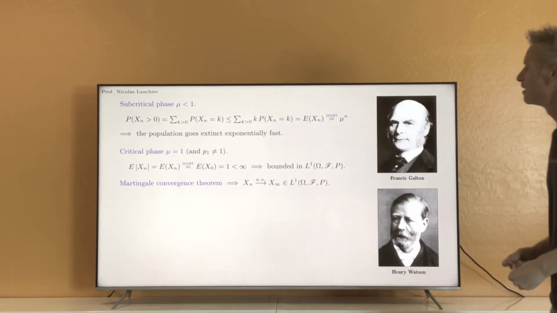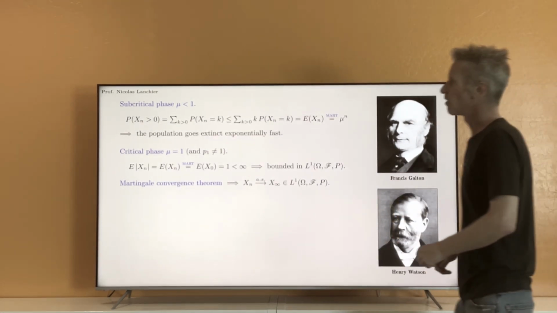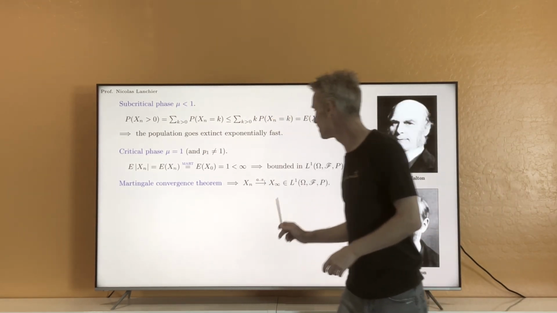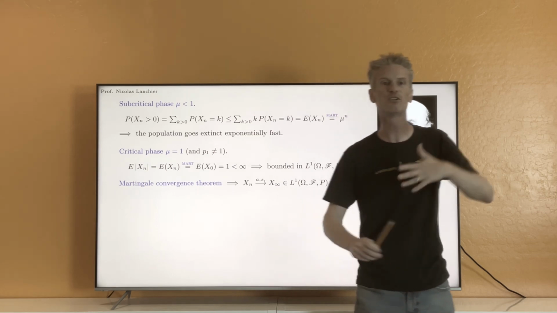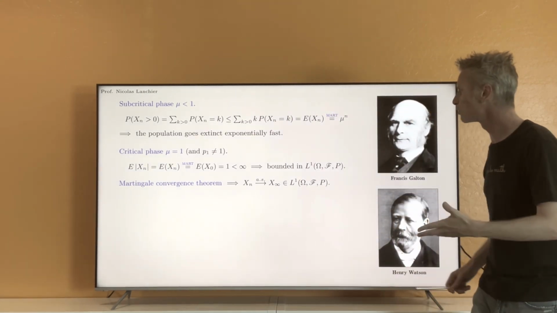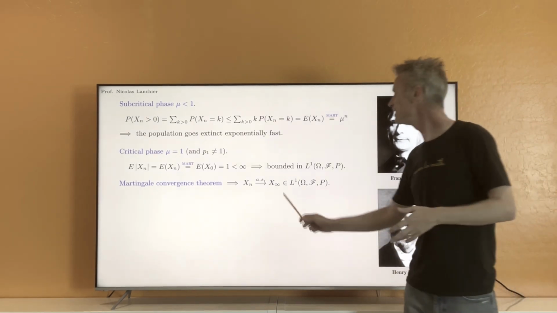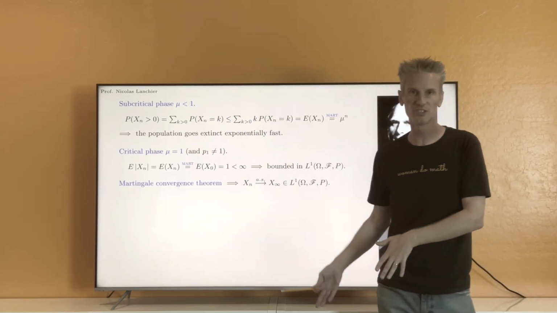Alright, so now let's go back to our Galton-Watson branching process. Now that we know that there is a limit almost surely, what we want to do is prove that this X infinity is in fact almost surely equal to 0.